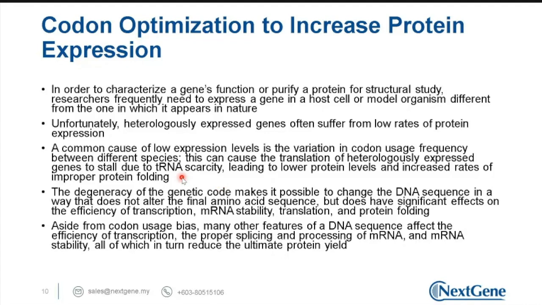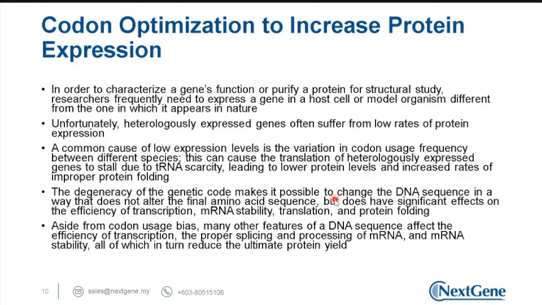The degeneracy of the genetic code makes it possible to change the DNA sequence in a way that does not alter the final amino acid sequence, but does have significant effects on the efficiency of transcription, mRNA stability, translation, and protein folding.